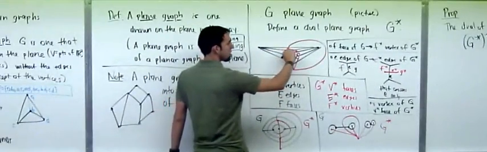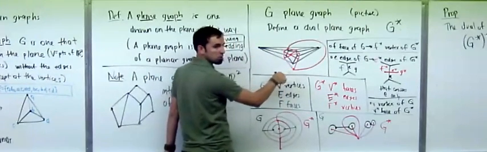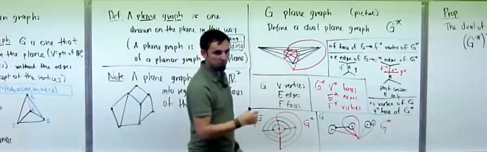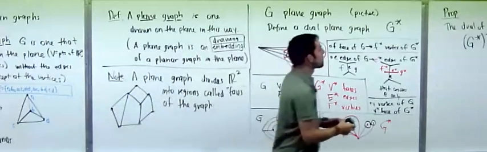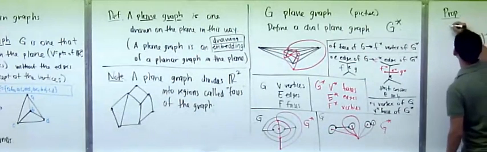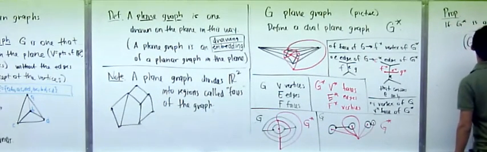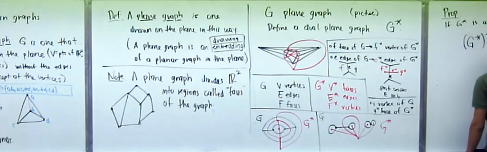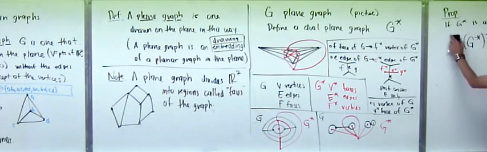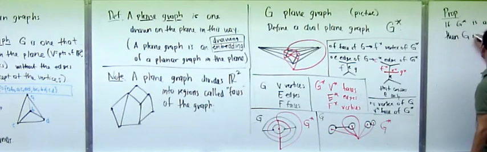The red one could have looped around this way, or it could have looped around this way. So there are several possibilities for what this dual could be. So what I'm saying really is that if G star is a dual of G, then G is a dual of G star.